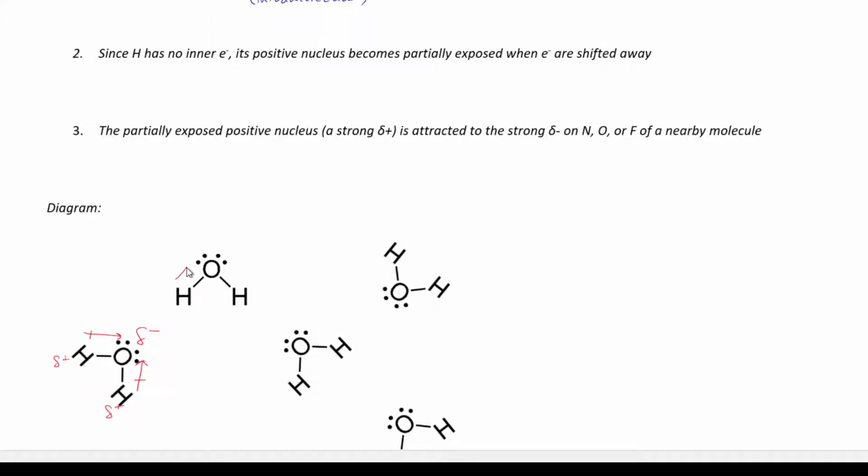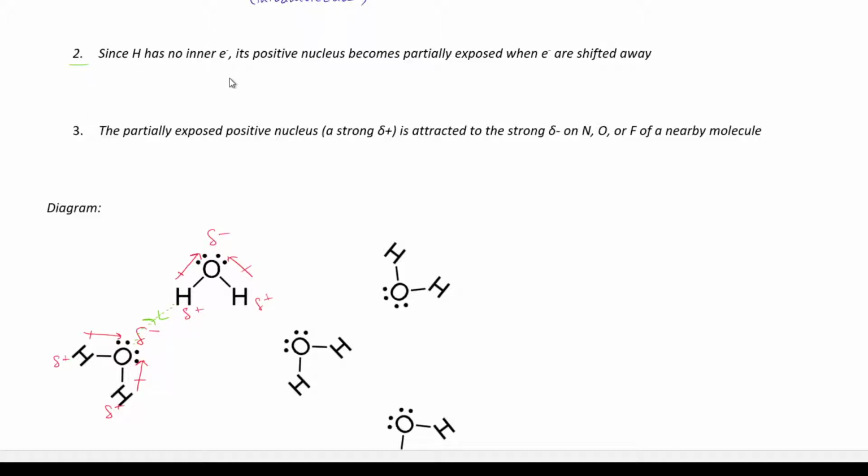We have the electrons being strongly pulled away from the hydrogen over to the oxygen. And you have delta positive here. What you end up having is an attraction force between the hydrogen of one molecule to the oxygen of another molecule. And that is an extremely strong attraction because, look at step 2.